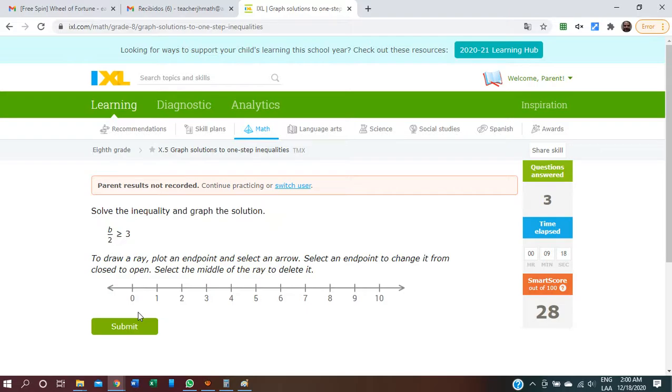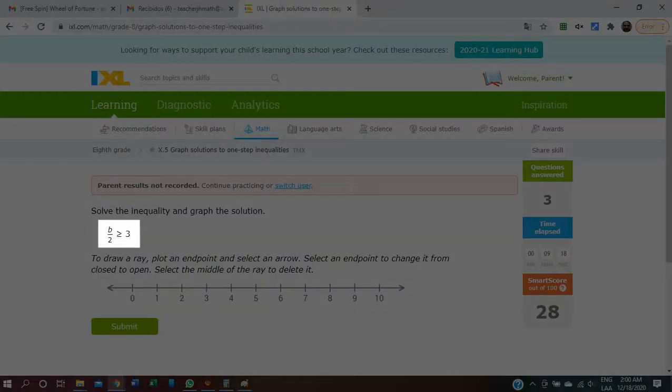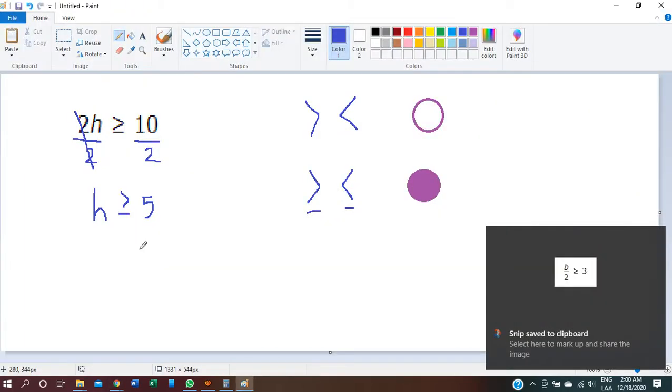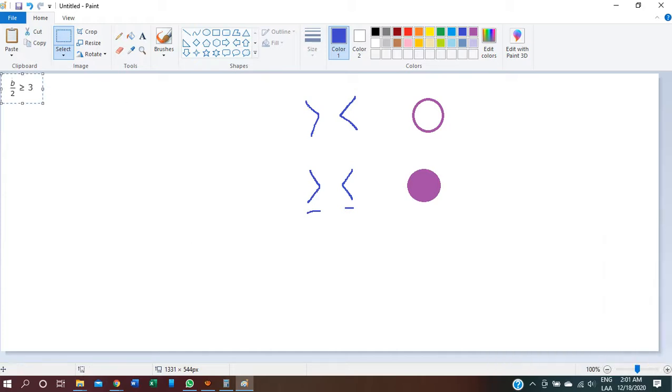I'm going to help you do this one as well, because there is a division in here. Any number that you divide by another number, if you multiply by this number, the result is going to be the numerator.